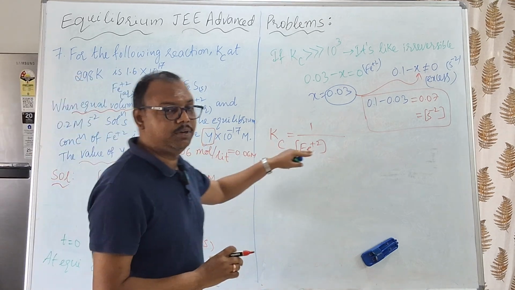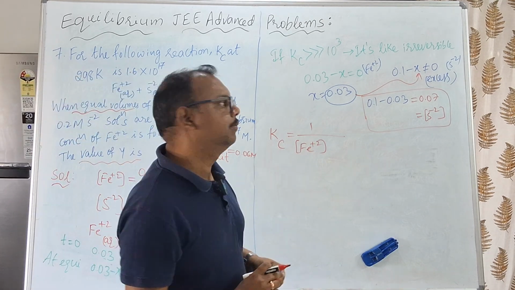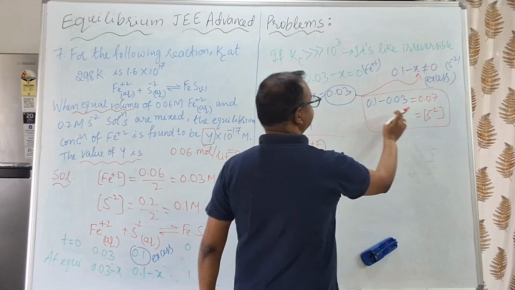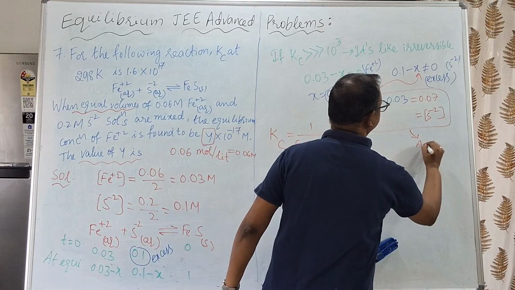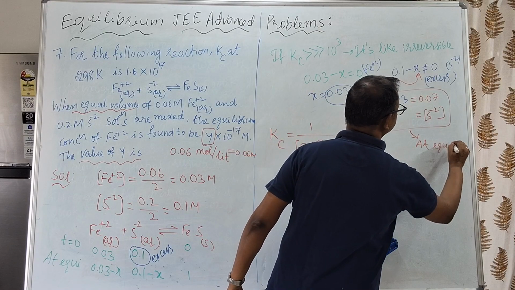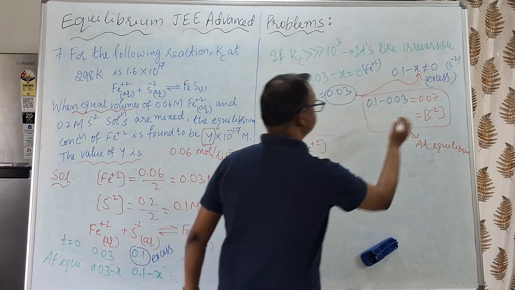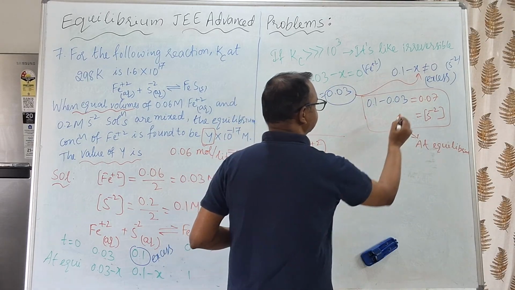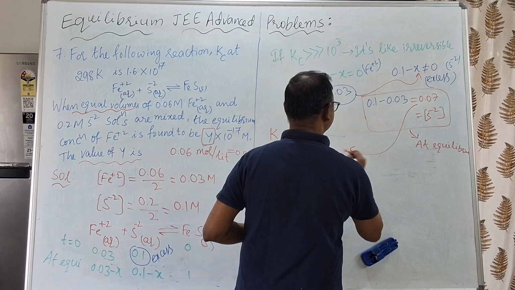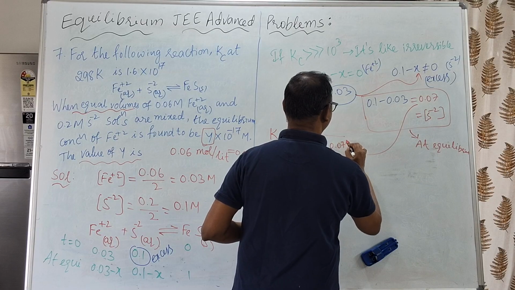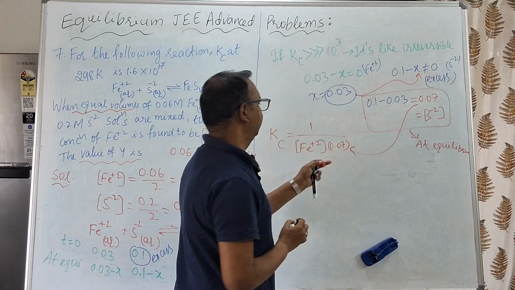What is y? That's what we have to find out. At equilibrium, the concentration of S minus 2 is 0.07. Substitute here.